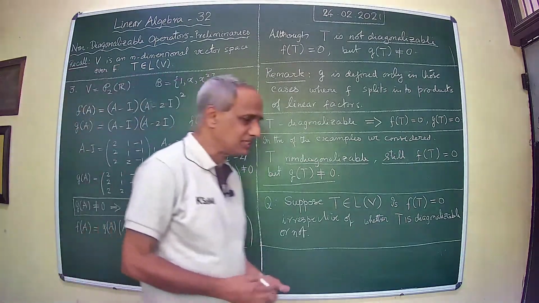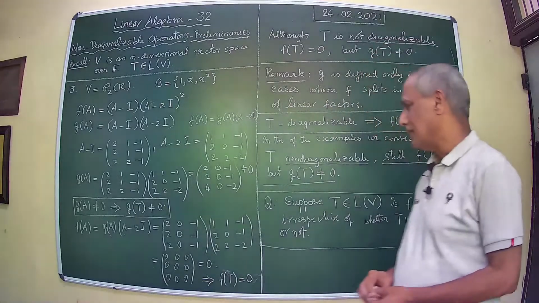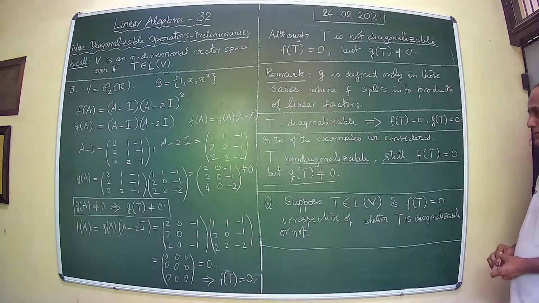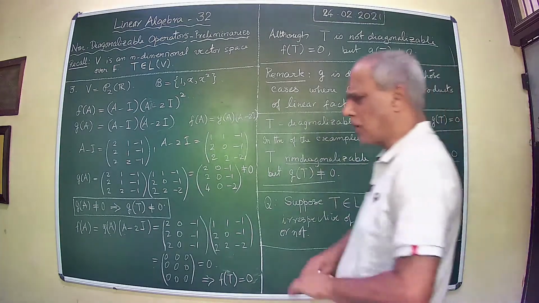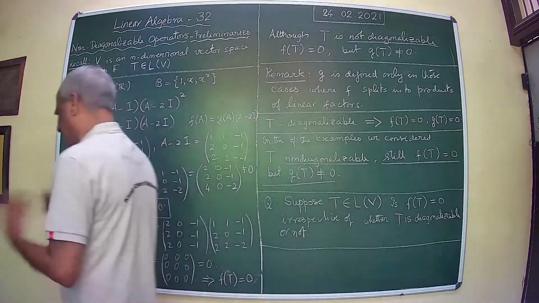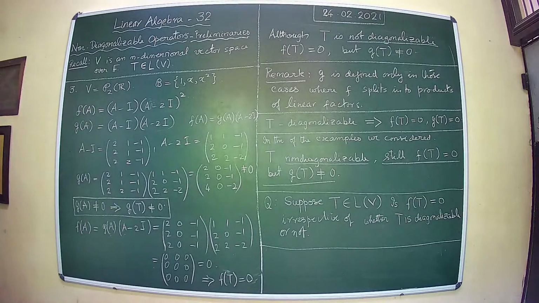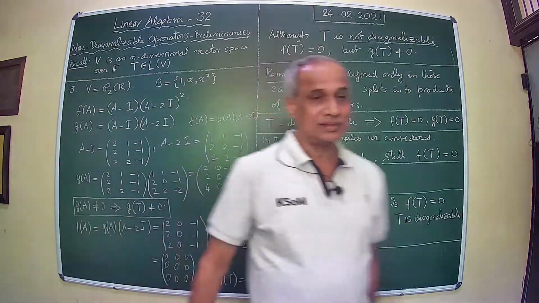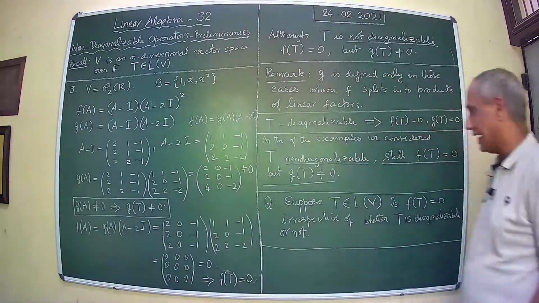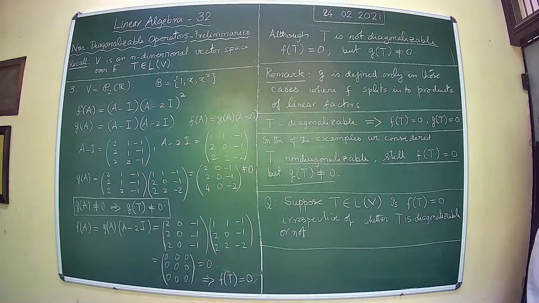That is another question. Some property of f and g possibly together tells you that T is diagonalizable or not. Okay.